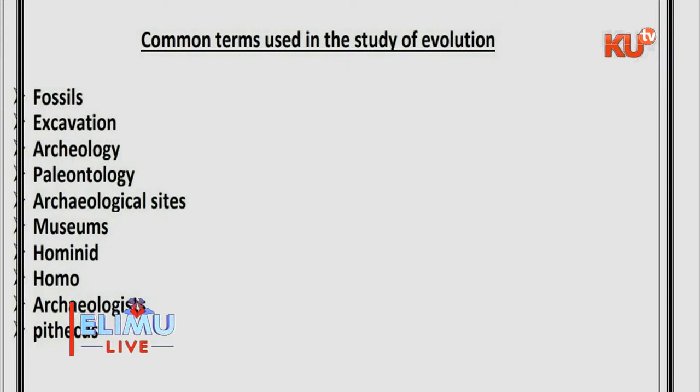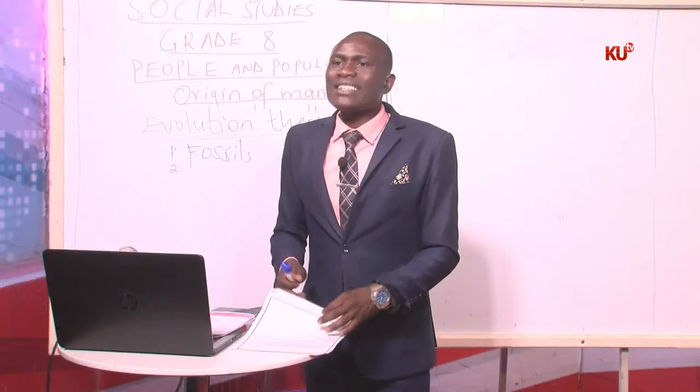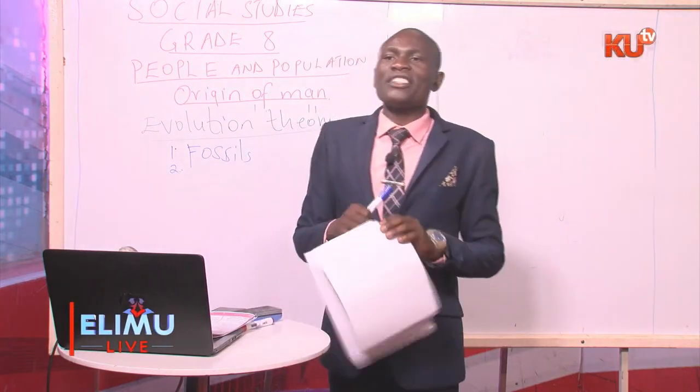We have excavation, archaeology, paleontology, archaeological sites, museums, hominid, homo, archaeologists, and lastly, pithekas. Those are the common terms used in the study of evolution, and we will be mentioning most of these words as we move on with the theory of evolution.